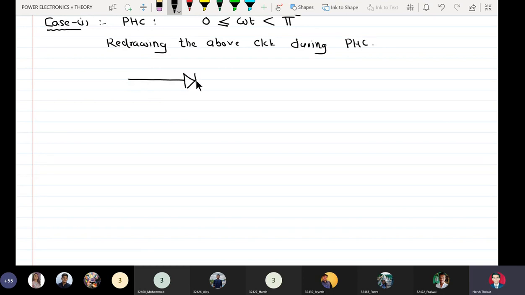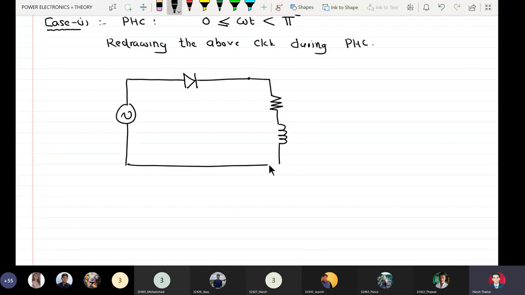This is my diode, R, L, line, neutral, Vs, plus minus. It's a positive half cycle going on, so plus and minus. Anode, cathode, node X of the load, node Y of the load.